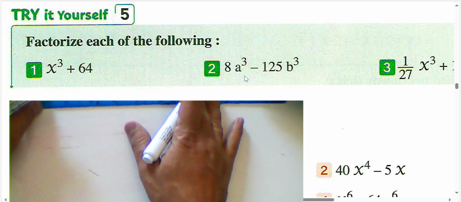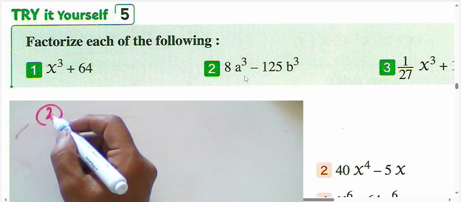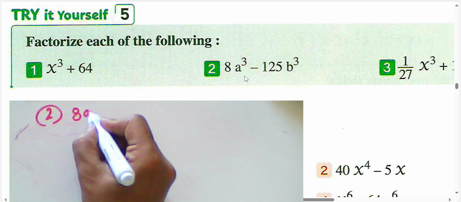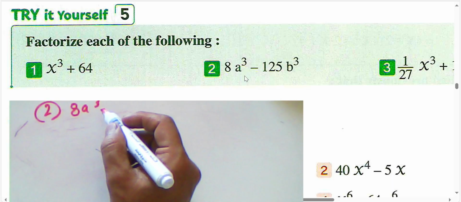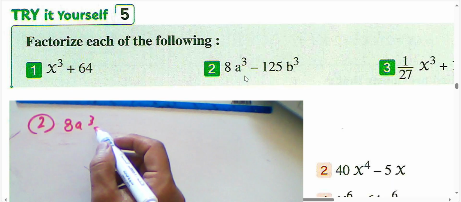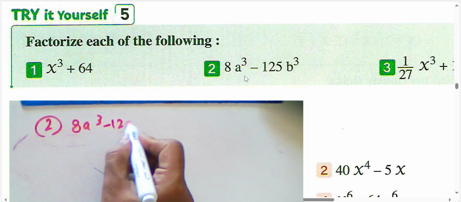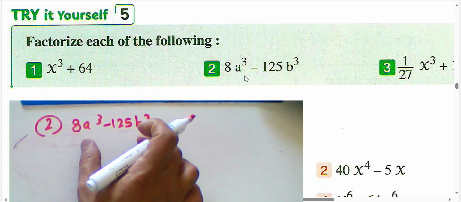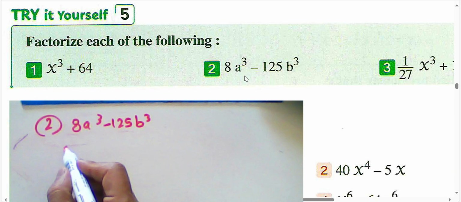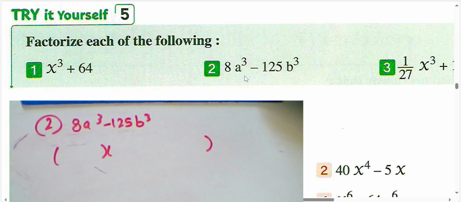Understood? Question number 2. We have 8a power 3 subtract 125b power 3. We have the difference between two cubes. We can draw the brackets, small brackets and greater brackets, and then find the cubic root of the first and the second.